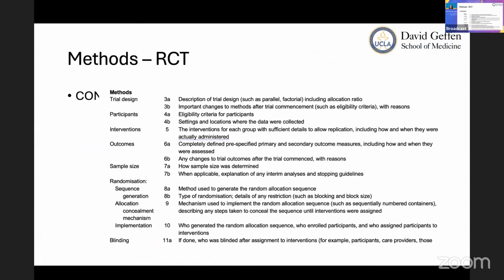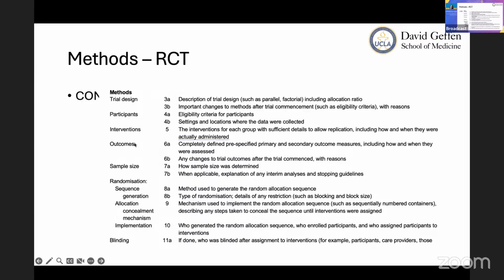Let me show you an example. This is for a randomized control trial. It's called the CONSORT guideline system. In the methods section, you can see you have to include a trial design, which is a description of the trial design, important changes to the methods after the trial start, participants, eligibility, and the setting and locations, as I said. Interventions: what are the interventions for each group, for the experimental group and also for the non-experimental group.